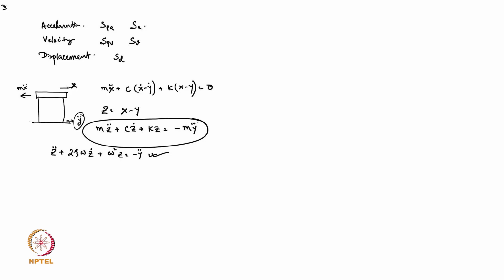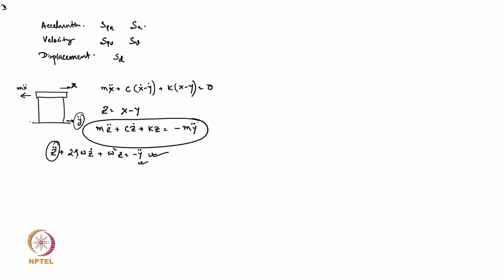What are the known things? Zeta, yes, so xi is a known parameter. 2 xi omega is also a varying parameter, and y double dot is a known parameter.